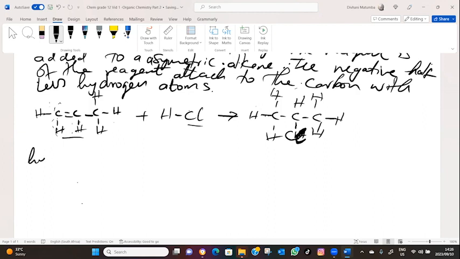We also have hydrolysis. This is whereby you can add water to take out some of the atoms, some of the elements from the chain.